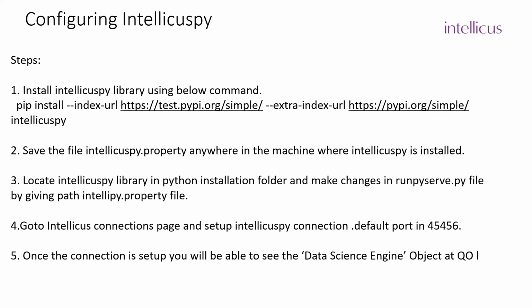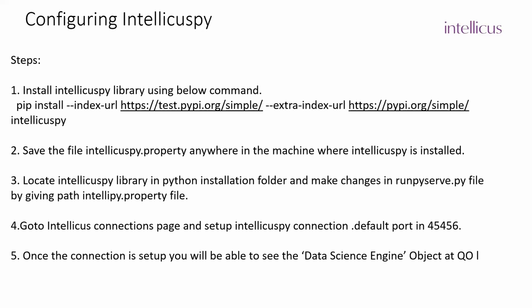Then there is a JSON property file that you can make changes in, and basically this will tell Python which port you want to start this service on, or the number of parallel threads that this service will utilize. Before we start the Intellicus Py service, we will have to configure this property file.